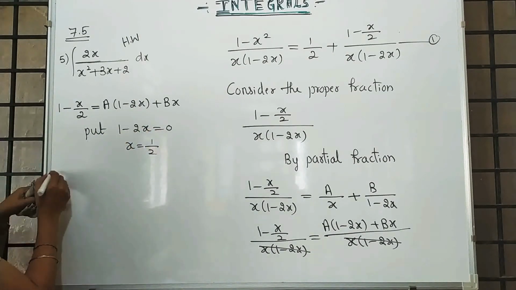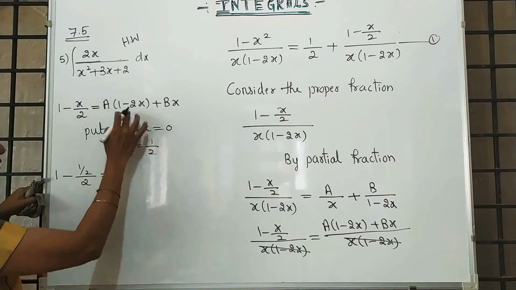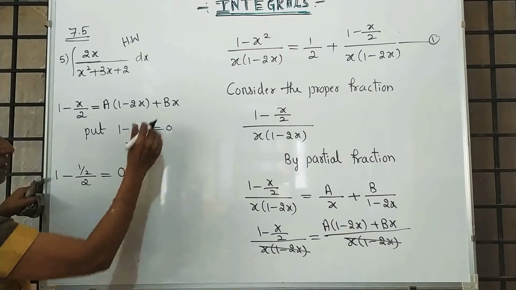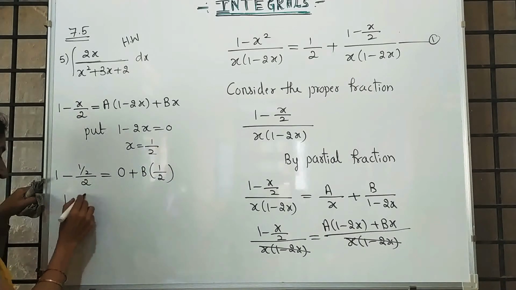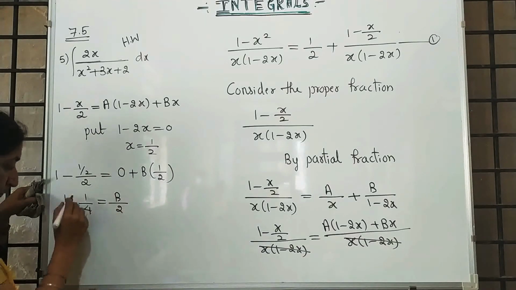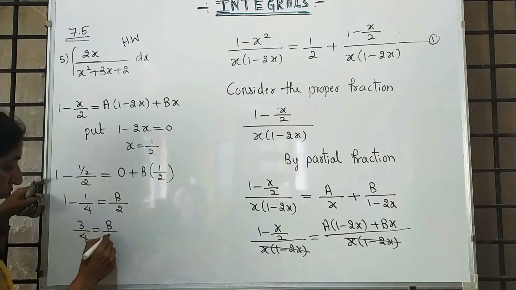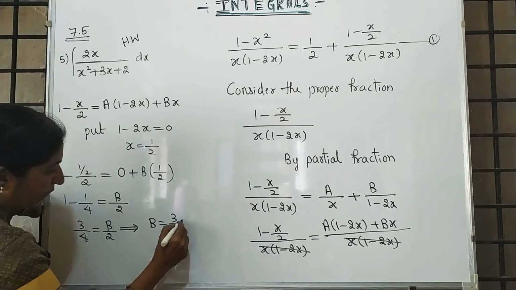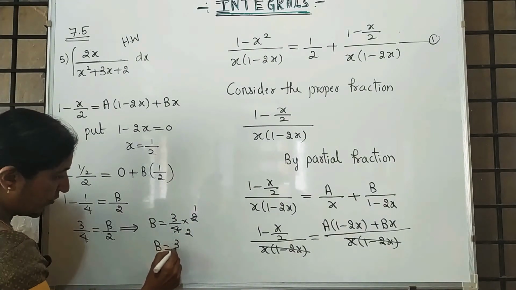Write down that value throughout the equation. 1 minus 1 by 2 upon 2 is equal to, in place of x if you write 1 by 2, A into 0 plus B into 1 by 2. Here it is 1 minus 1 by 4, and that 2 comes in the denominator, it is B by 2. When you take the LCM and simplify, 3 by 4 is equal to B by 2. Take 2 to that side, B is equal to 3 by 4 into 2, that means B is equal to 3 by 2.